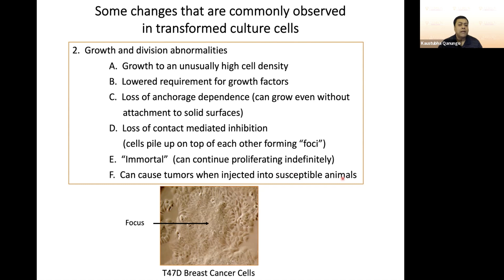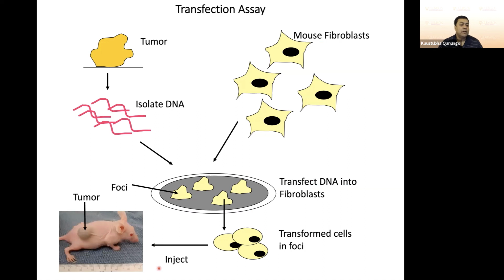What we mean by a susceptible animal is that it is immunocompromised, because even if there are tumor causing cells, if you inject them into an animal, it will treat them as foreign cells and its immune system is going to kill them most of the time. There could be some unfortunate situations, but most of the time. That's why you need an immunocompromised animal model so that the tumors can develop. And this gives you an overview of that.